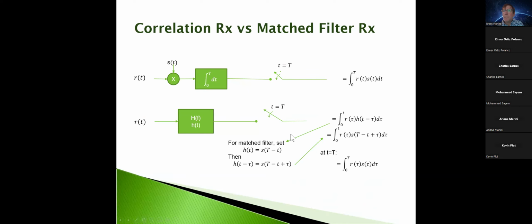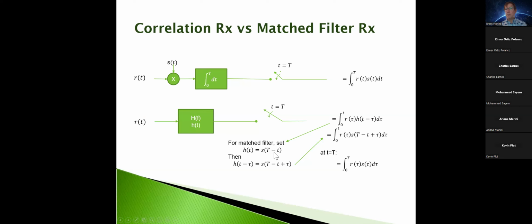So we're going to say, all right, what is this h(t)? We're going to say that this is a matched filter. What do we mean by that? That is, we're going to set its impulse response equal to the time function of the symbol, but we're going to modify it, right?